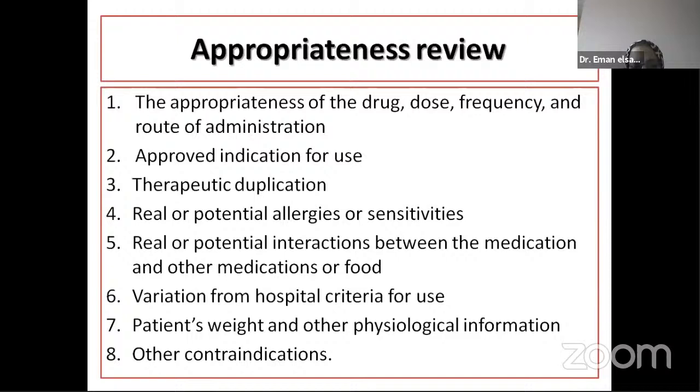So it should be reviewed that there is no contraindication for this indication. So these are simply the steps for appropriateness review. This should be done by a clinical pharmacist or pharmacist for every medication newly added to the patient medication profile.